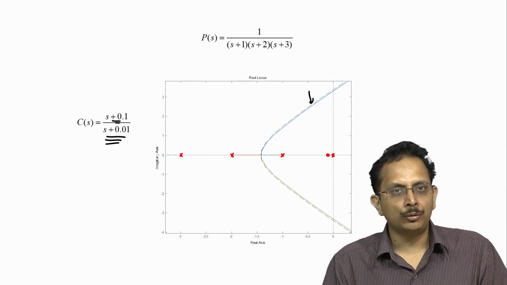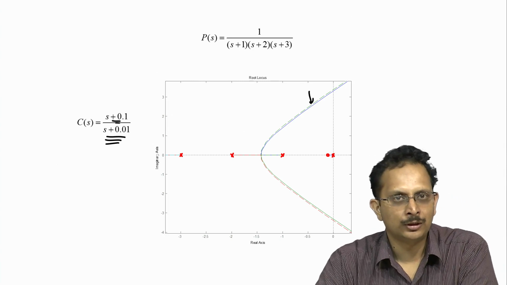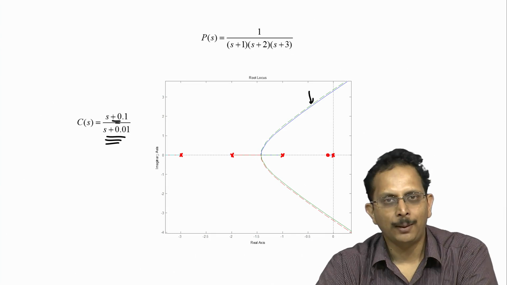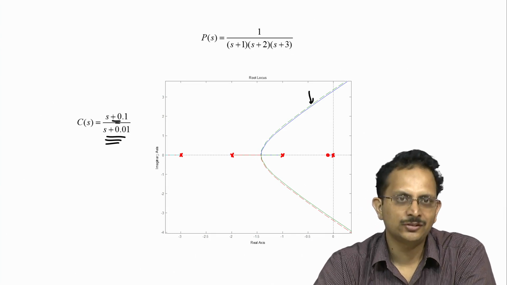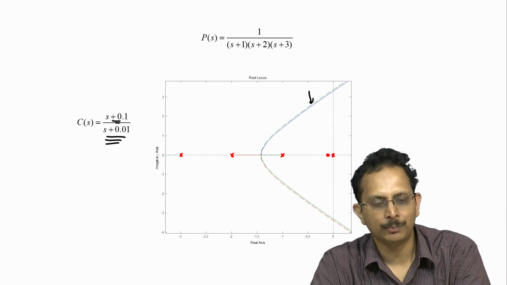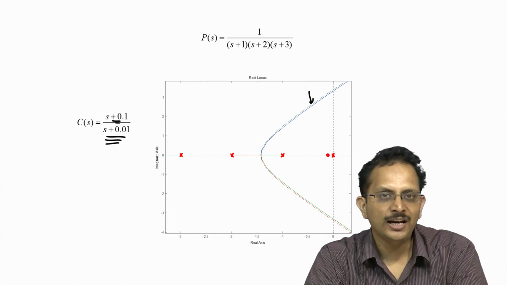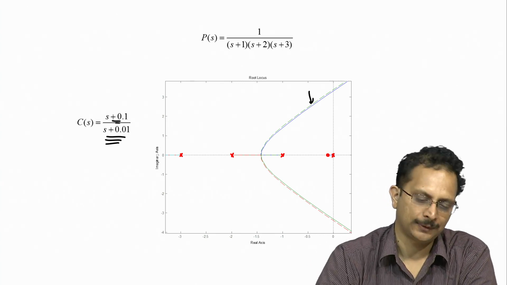So, having talked about how one would go about doing design using root locus, a couple of comparisons between root locus and Bode plots are in order. The first is the utility of one with respect to the other.